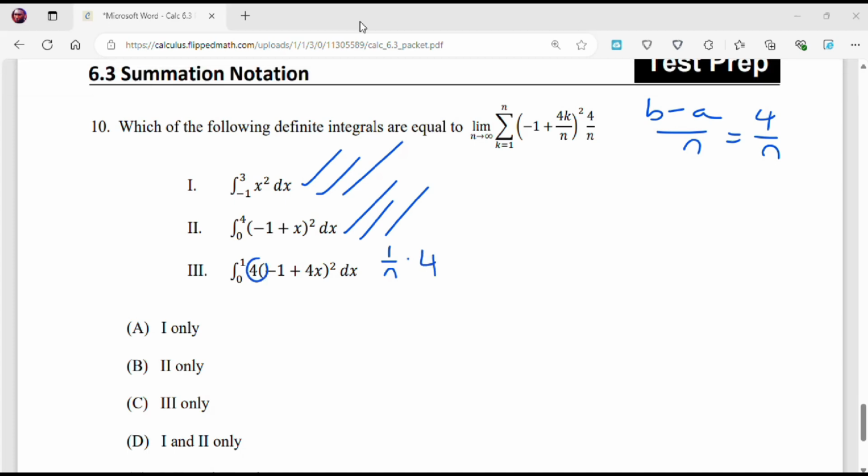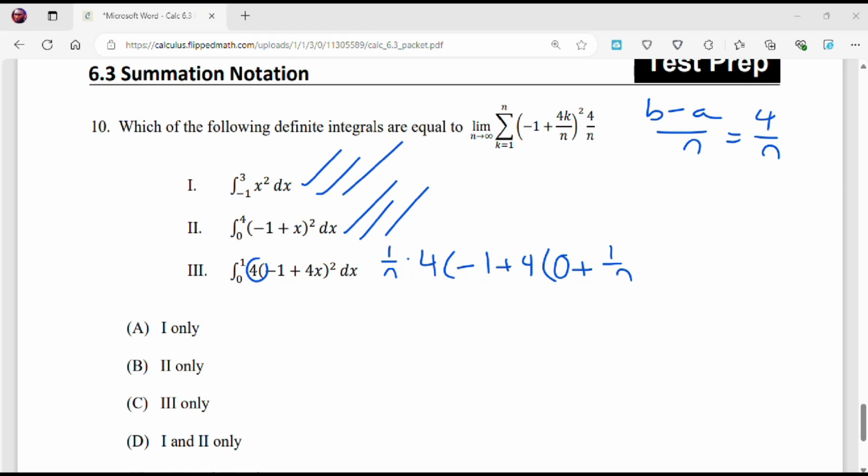And now we're going to write again -1 plus 4. Then x, remember that x is going to be a plus b minus a over n k. So a here is 0. So we have 0 plus b minus a over n. And then, well, we ignore the k here.